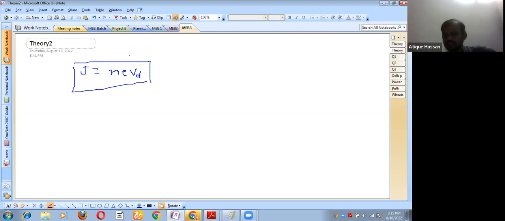In general, we can say that the mass of electrons, the number of electrons in a conductor, is moving in a particular direction with a certain velocity due to the application of the electric field. So that is the drift.